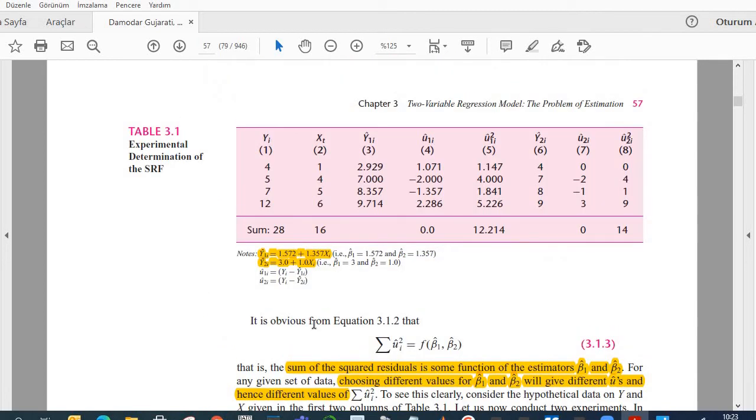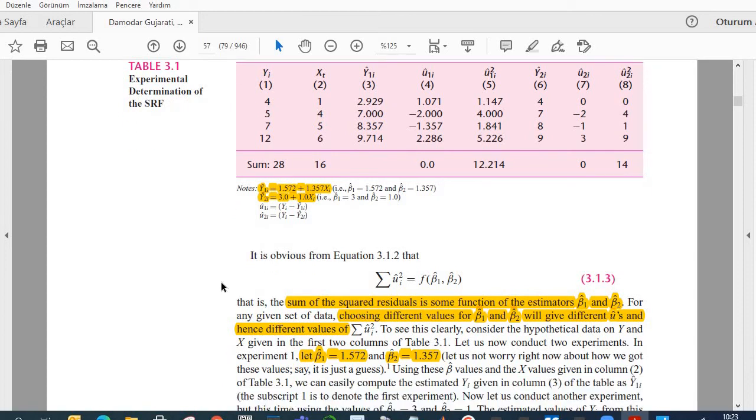Now we will see some basic properties of the residuals and the OLS estimation. As I have noted above, the sum of u squared is a function of beta 1 and beta 2.